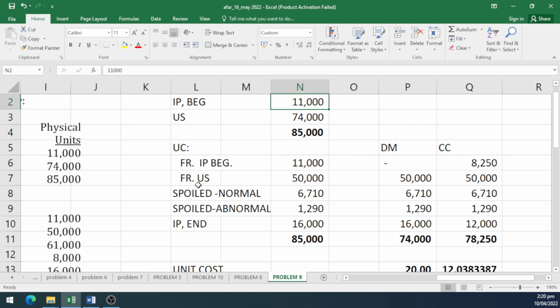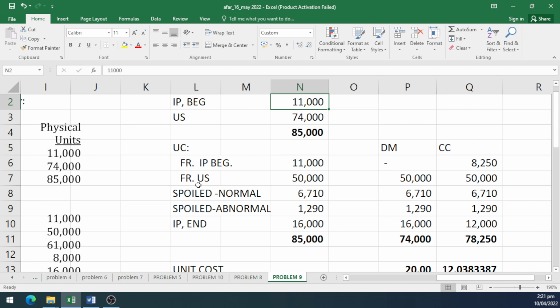Mayroong spoilage po dyan, normal and abnormal. Ang tanong, saan galing yon? Ang assumption lagi, class, pag walang sinabi kung saan galing yon, kukunin nyo doon sa units started this month or units transferred in this month. Huwag nyong galawin yung IP beginning. Pero pwedeng manggaling sa IP beginning. Hintayin nyong sabihin ng problem.